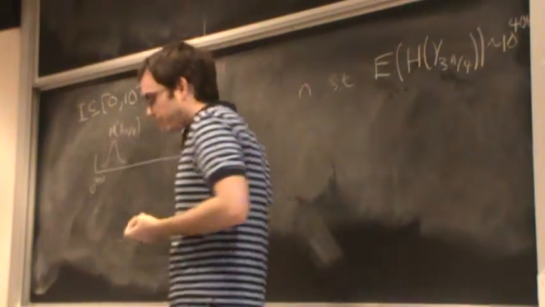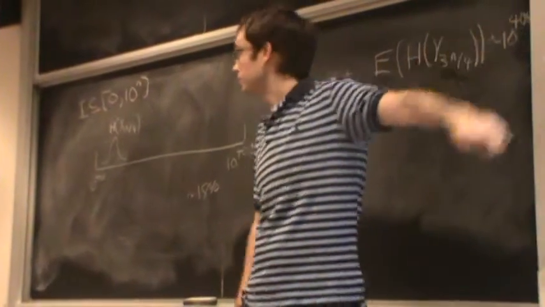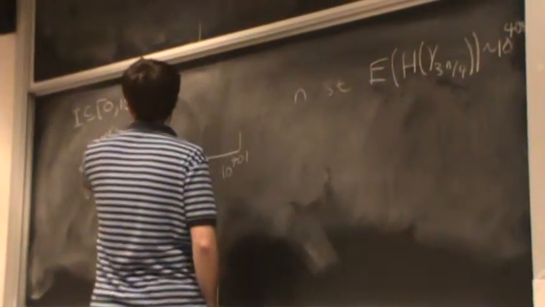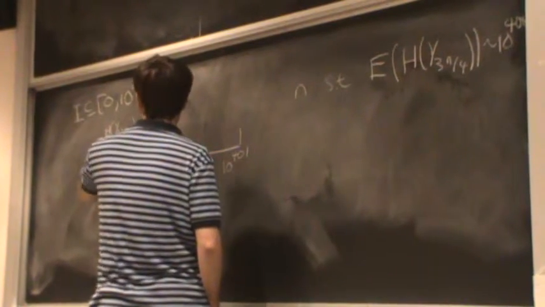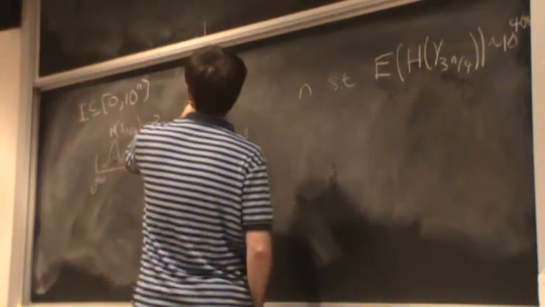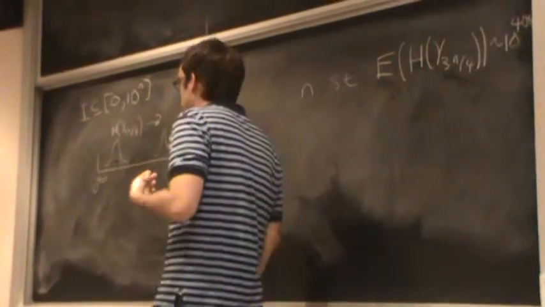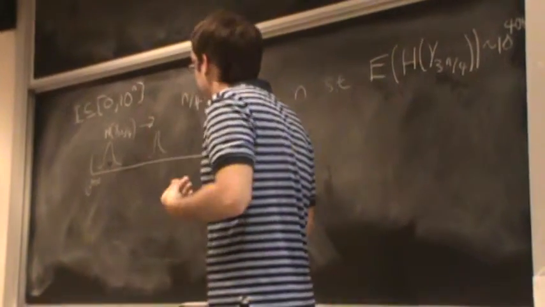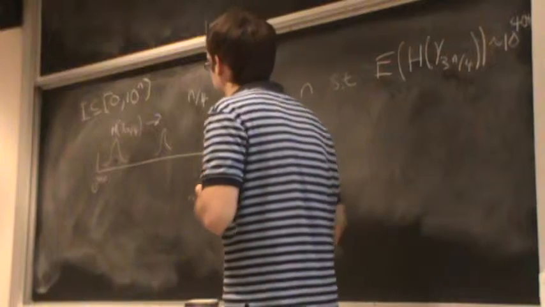And then I can add ones as I please to shift this random variable. I can shift it up to n over 4. This gives me a window to construct an interval with a large density of happy numbers.